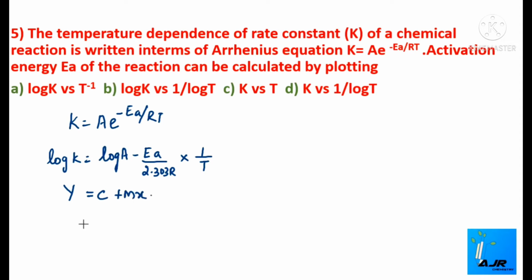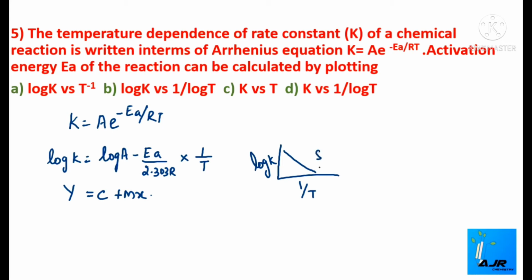So when log K is plotted against 1 by T, you will get a straight line.